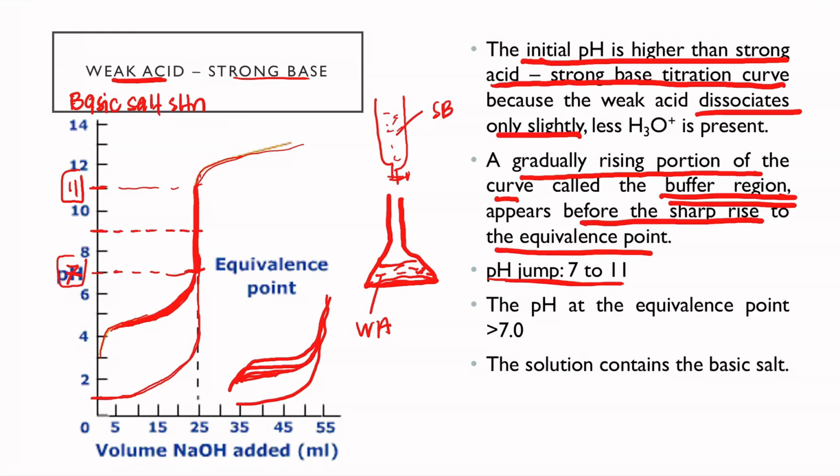Your equivalence point will always be in the middle of your pH jump. So your equivalence point is right here at pH 9. So you have 25 milliliter, pH 9, awak punya equivalence point punya coordinate. So the pH at equivalence point is more than 7, because awak ada basic salt solution.